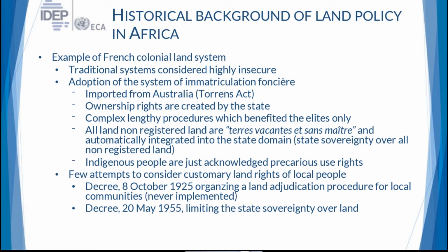You cannot just find a landowner in an African territory unless it has been created and recognized by the state. So the state will be the source of all property rights. In order to establish these property rights, a very complex, lengthy, and costly procedure was put in place.